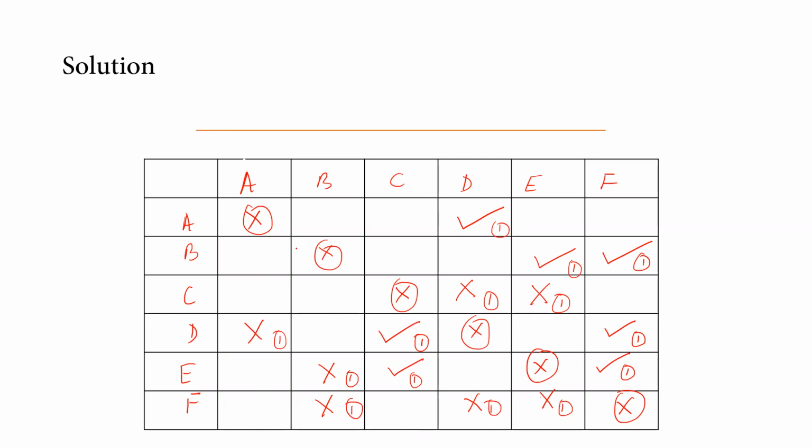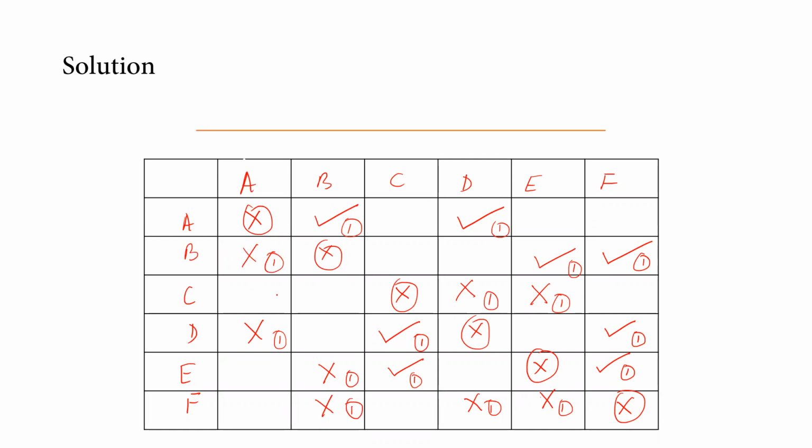Similarly, we have C. So B lost at least one match. So the team against which B can technically lose here is A, because the only data is that A has won against B, that means B has lost against A, fine.